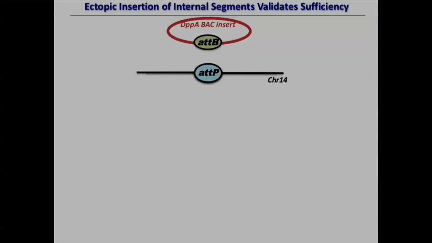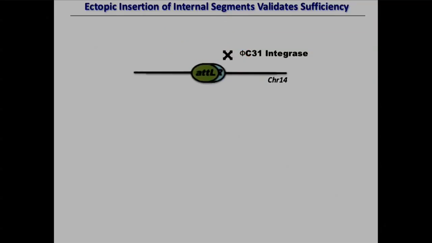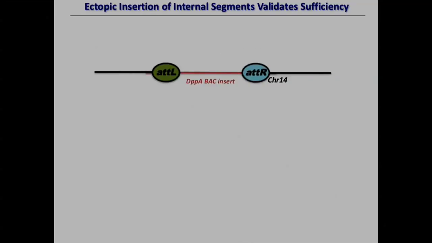Previously, we inserted attP elements into a late replicating domain in mouse chromosome 14. We also engineered the attB elements into a DPPA BAC. Upon the expression of the integrase, attB binds to the attP and inserts the DPPA BAC in a site-specific manner after recombination.